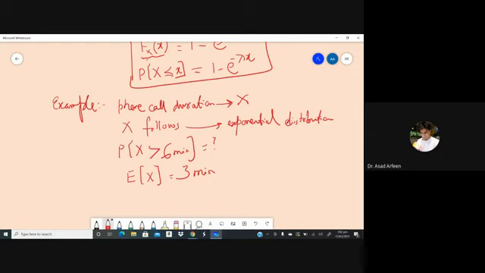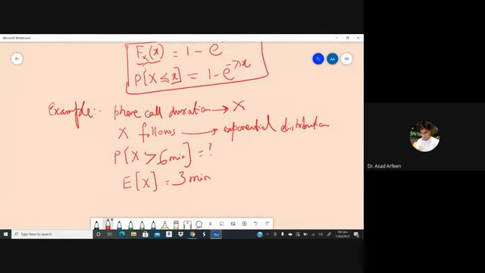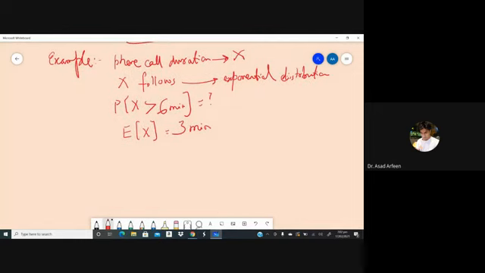The exponential distribution is parameterized by lambda, the rate parameter. To solve this problem, we always need lambda, and to find the rate parameter you just invert the mean value. So the rate parameter will be 1 by 3.